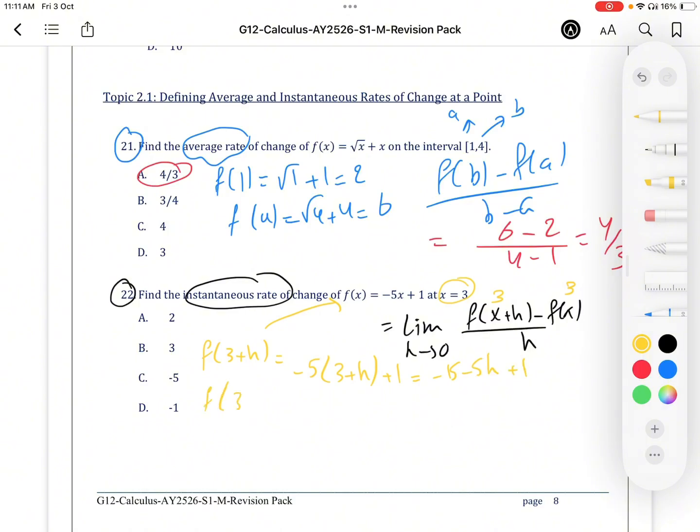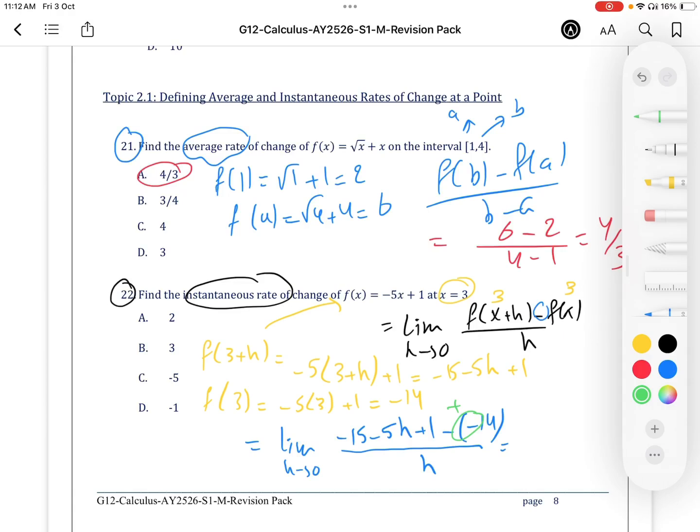And f of 3, replace instead of x 3, which is negative 15 plus 1, which is negative 14. Put them all in the formula, limit as h approaches 0. So negative 15 minus 5h plus 1 minus, open bracket always, negative 14, divided by h.